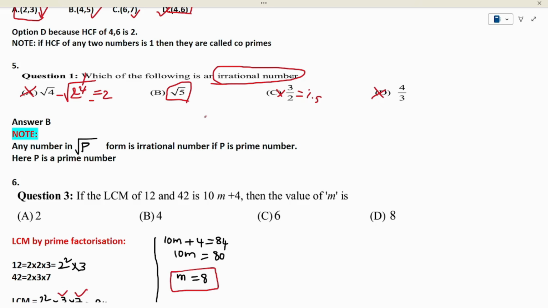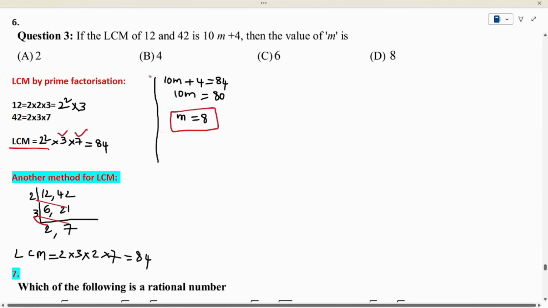Because any number which can be expressed as square root of p, where p is a prime number, that kind of expression must be an irrational number. Let's compare square root of 5 with square root of p. In the place of p, we have 5. We know that 5 is a prime number. So any number which is square root of a prime number must be an irrational number.